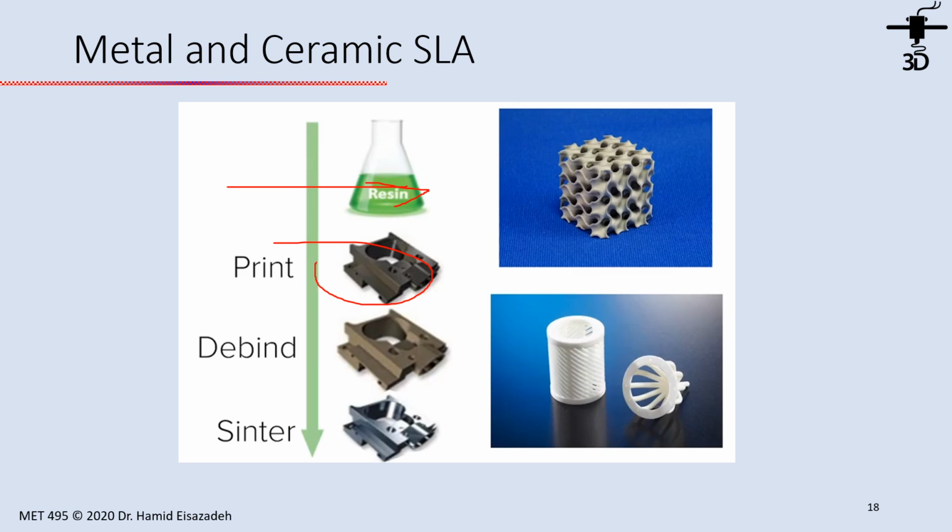So here is the printing process, then you have to debind it, then sinter it to make sure you have a final dense part. There is some loss of the polymers. We have shrinkage during the post-processing that has to be taken into consideration. And there are other challenges in this process, but it is increasingly used because of the complex geometry that you can make, especially in small metal or ceramic parts.